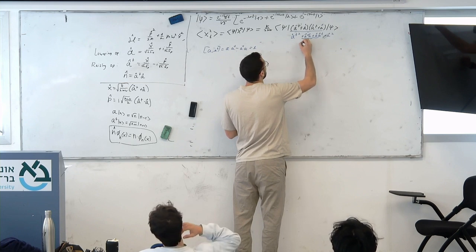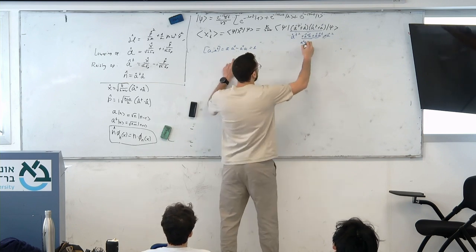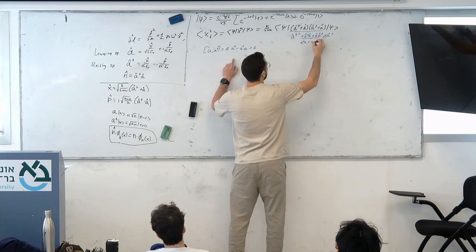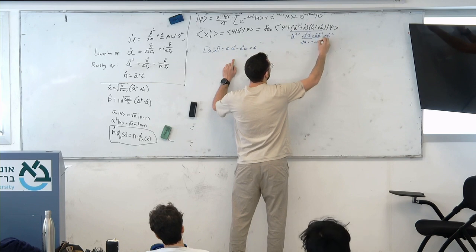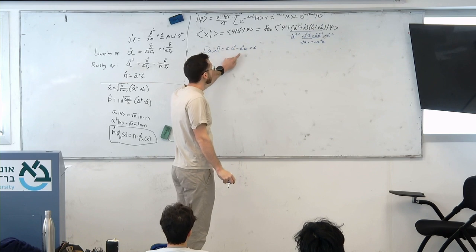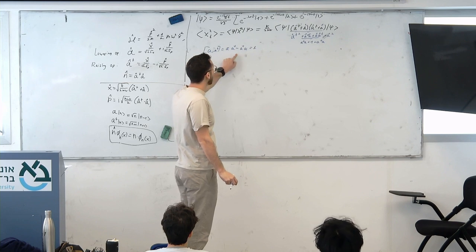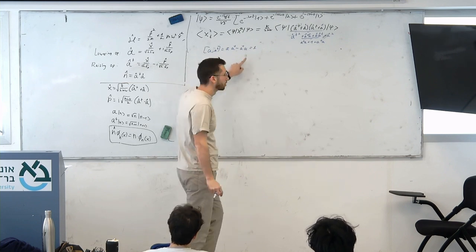Therefore, we can say this is equal to a dagger a plus 1 plus a dagger a. Right? Because we took this a a dagger and replaced it with 1 plus a dagger a.